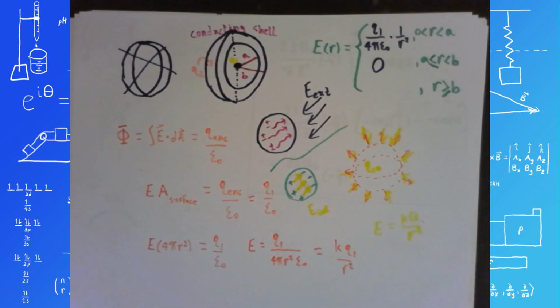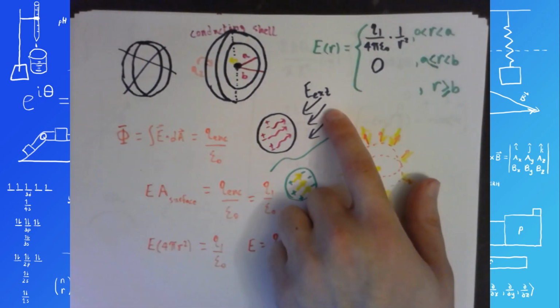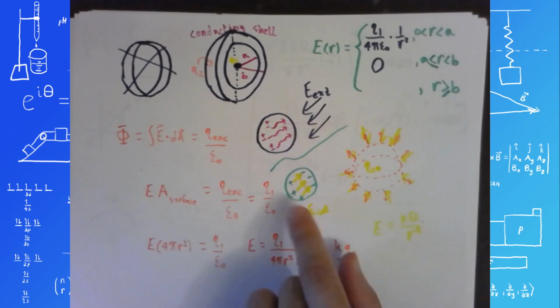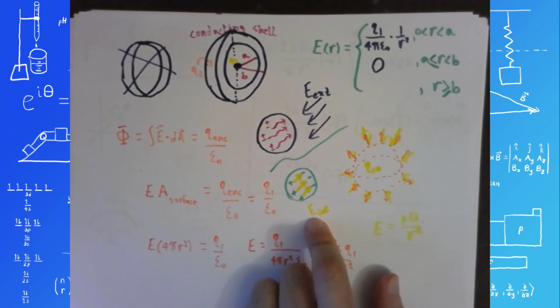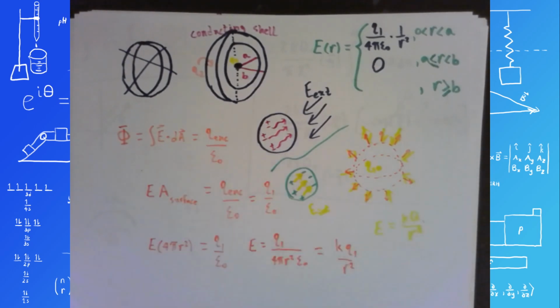Now, there is a scenario where this might not happen. And that's if this external electric field is so strong that there aren't enough electrons inside this conductor to produce a high enough internal electric field to cancel out with it. After all, electrons don't just materialize out of thin air.